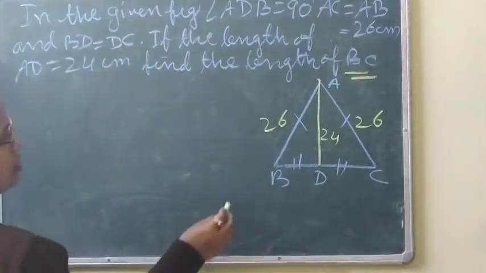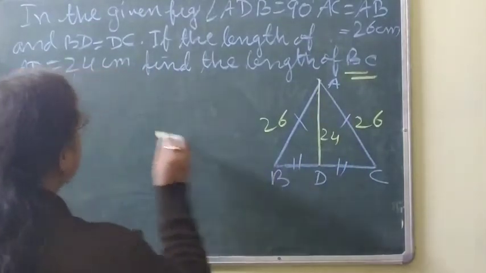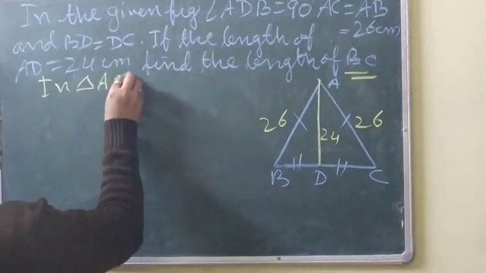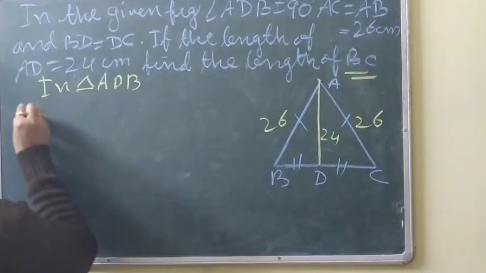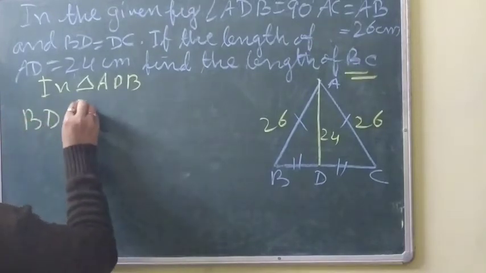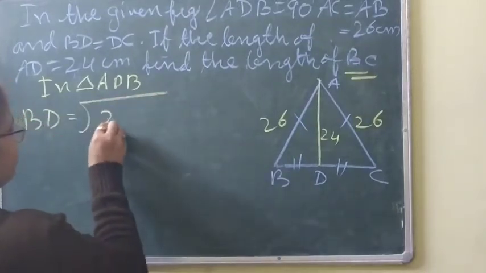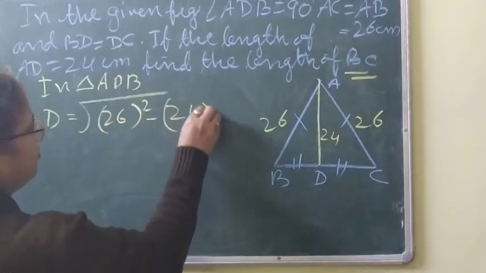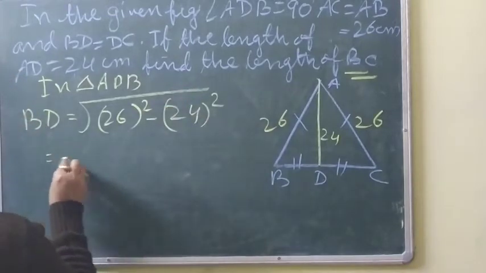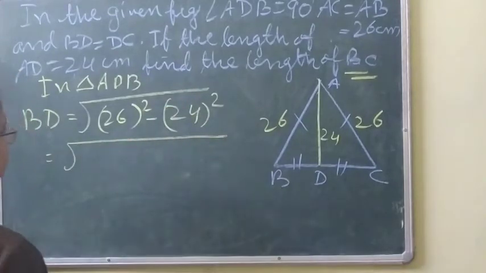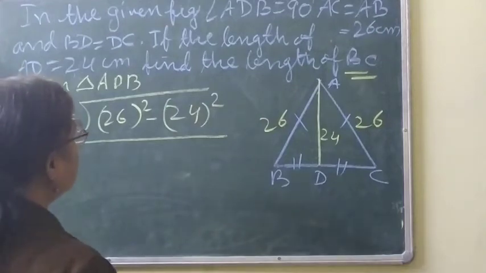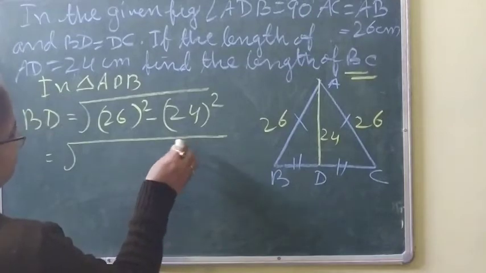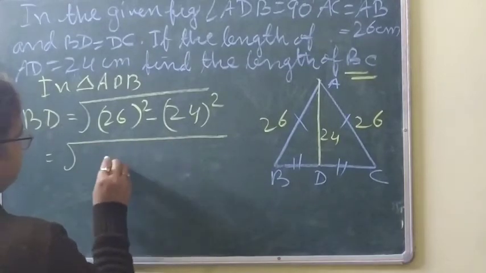Okay. So how we'll solve it? First we'll find out BD. So which triangle we will take? In triangle ADB. Clear? So in triangle ADB, BD will be equal to square root of 26 squared minus 24 squared. So 26 squared is 676.